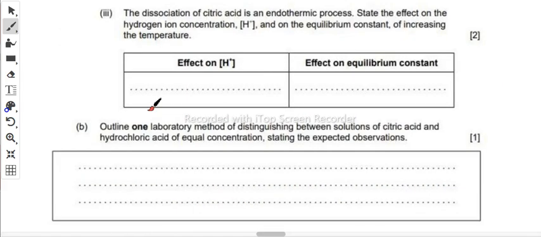So let's go to the answer: the H positive concentration increases due to the shift to the right, and the equilibrium constant also increases. Here we need to remember that the only factor that affects the equilibrium constant, the Kc value, is definitely the temperature. So 1 mark for each.